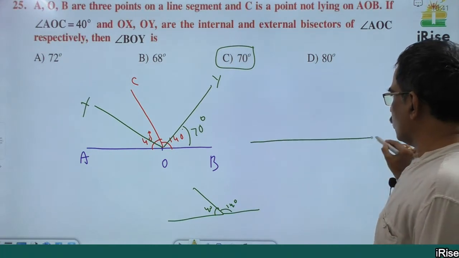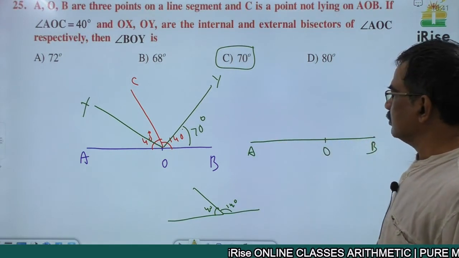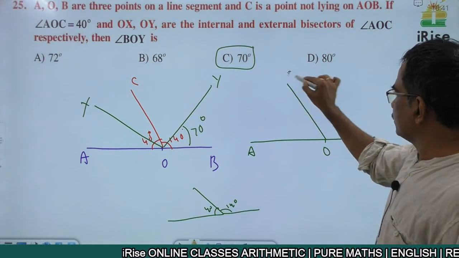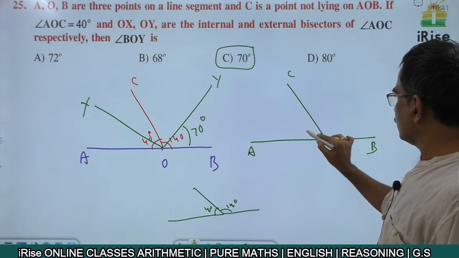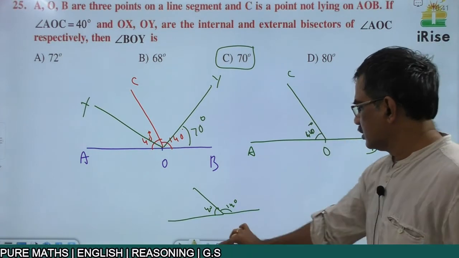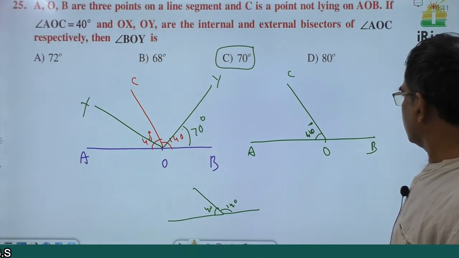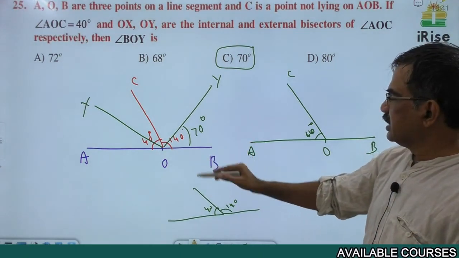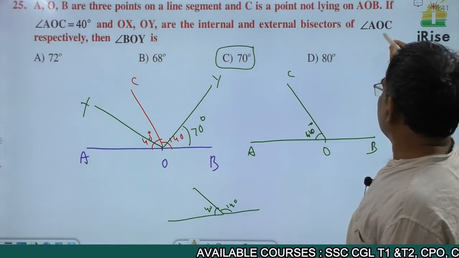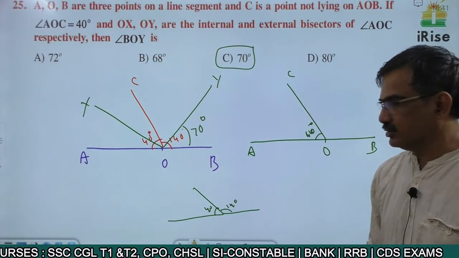If this is AOB, listen once again. Let this be C. This angle is 140, this is 40 degrees. Already you know this is 140, but the external bisector of AOC means you can extend any line.